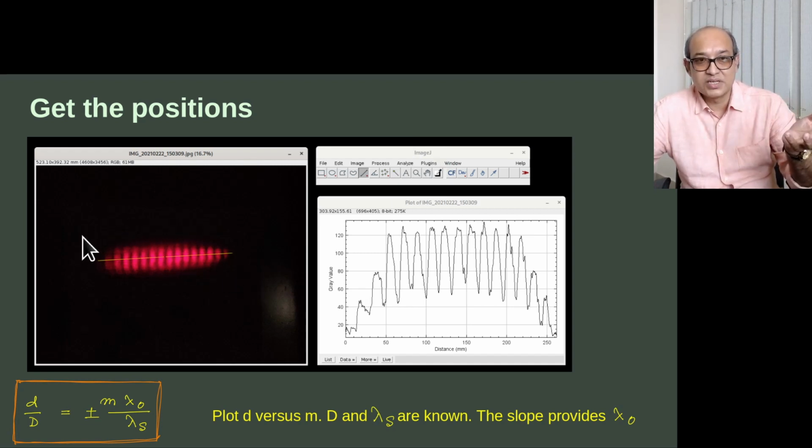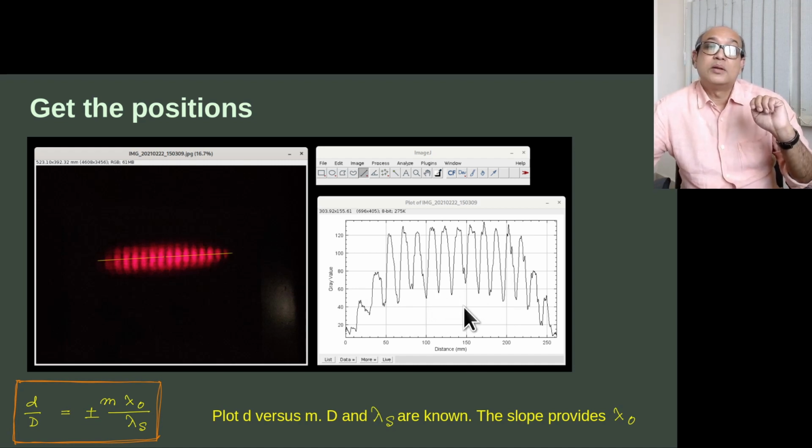If you have the image of the pattern and then draw a line across the pattern, it gives you the intensity distribution along the line, and you can clearly see the different maxima, the central maxima and then first maxima both sides, second maxima both sides, and so on. You can see many. After the calibration, this is already in millimeters, so we can calculate the D from this pattern using the software.